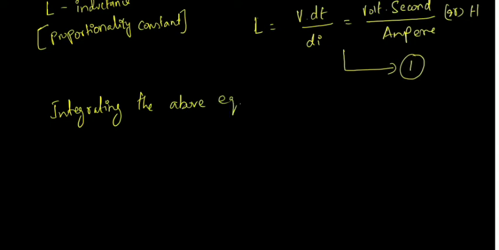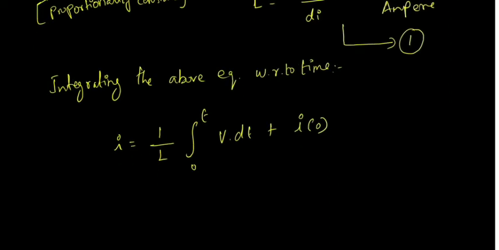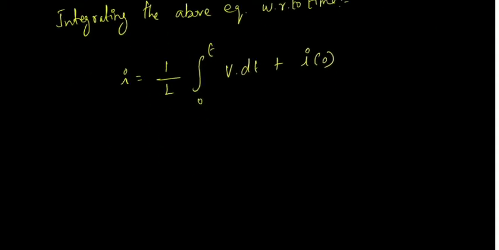Now integrate the above equation number 1 with respect to time. So I is equal to 1 by L integral 0 to t v dt plus I of 0.